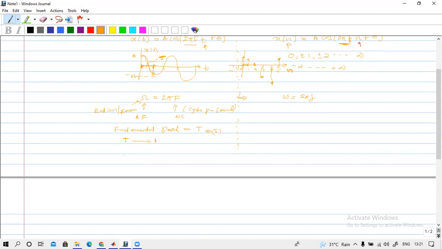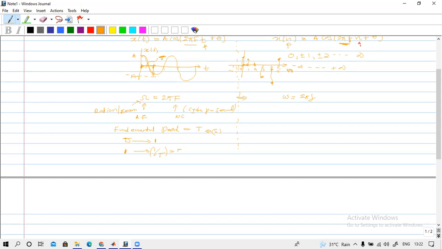So if we want to find how many cycles per 1 second, simply you have to divide by T. This is T, time T for one cycle. So in 1 second, it will take 1 by T cycles.